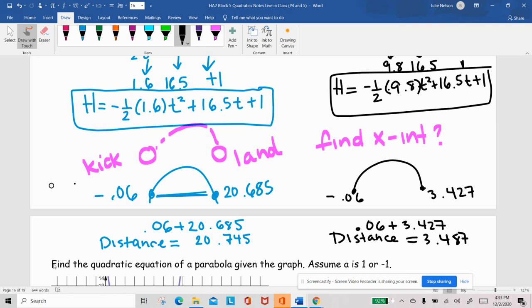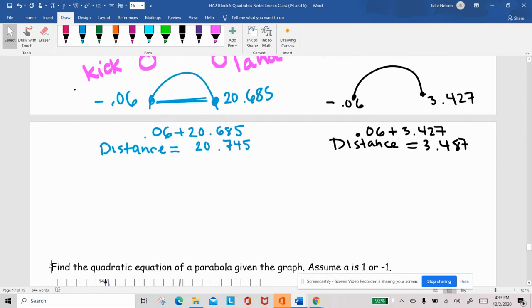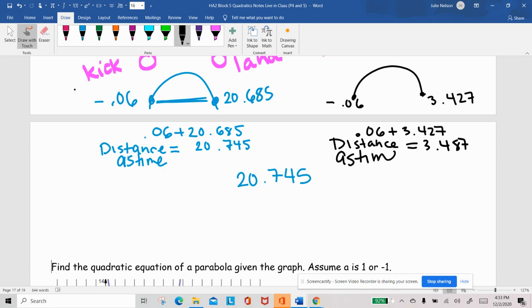So how much longer would it take to land on the moon compared to Earth? We take the moon distance, or time, I don't know why I'm saying distance, but the time. So distance and time, which is 20.745. And we're going to take the time for the one on Earth, and I want to subtract them.